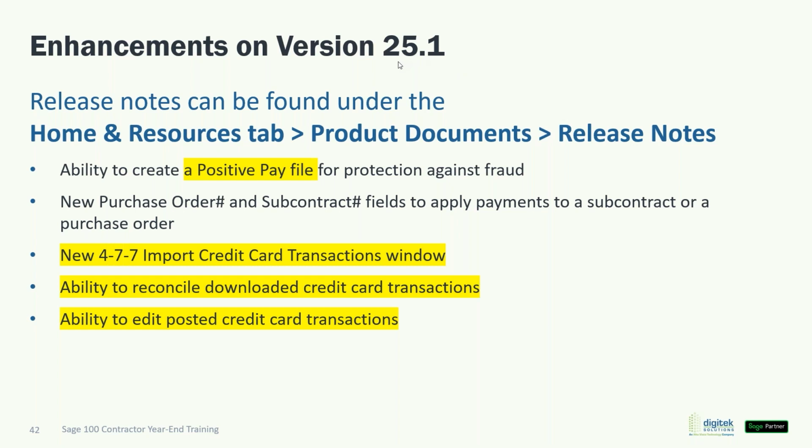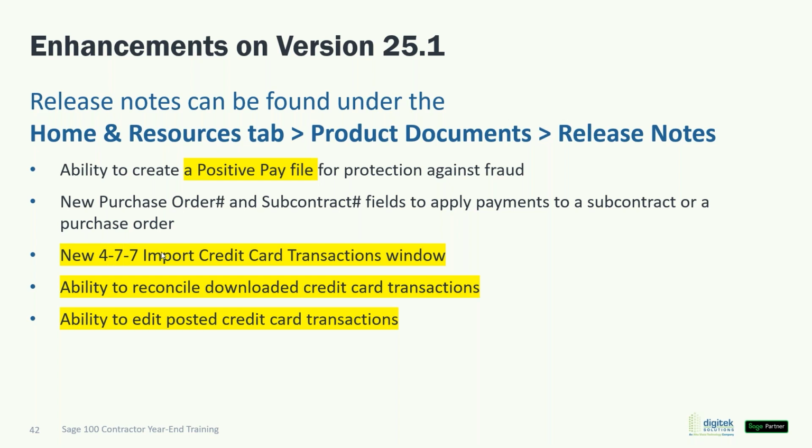One of the things that I love about version 25 is we now have the availability to create a positive pay file for our bank. And the other thing that I really, really love is that we can now import our credit card transactions from our credit card bank. This is huge. We've been asking for this for years, and we finally have it available.